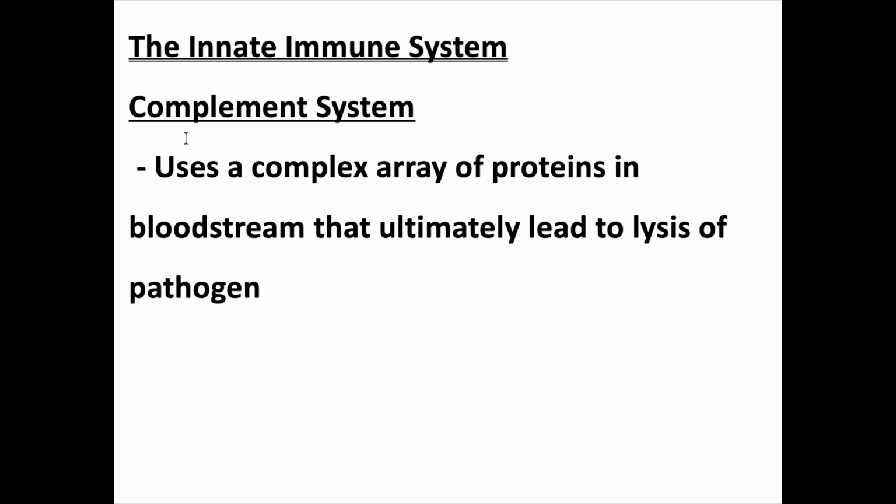The reason why it's called complement is because it involves the innate immune system and it's going to involve the adaptive immune system. They complement one another, but for now, this is all I want you to know about complement. Bunch of proteins in the bloodstream that can be activated and lead to lysis of the pathogen. Okay, that's it for the innate immune system.